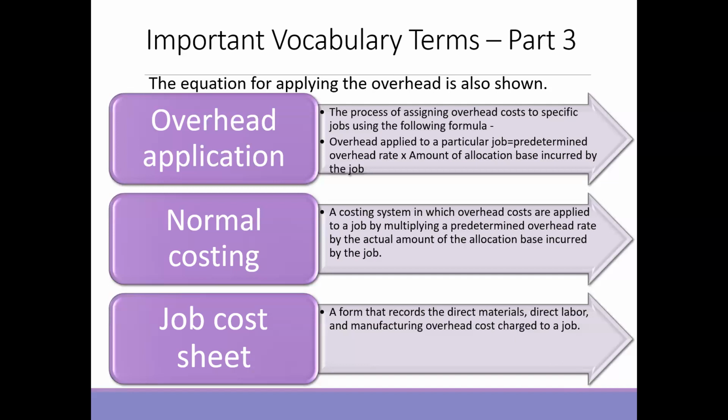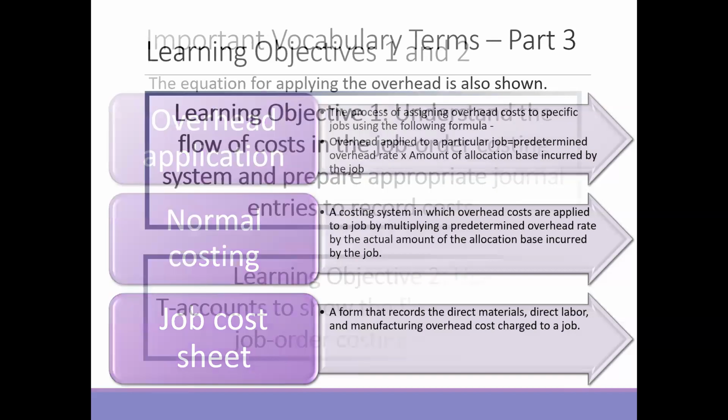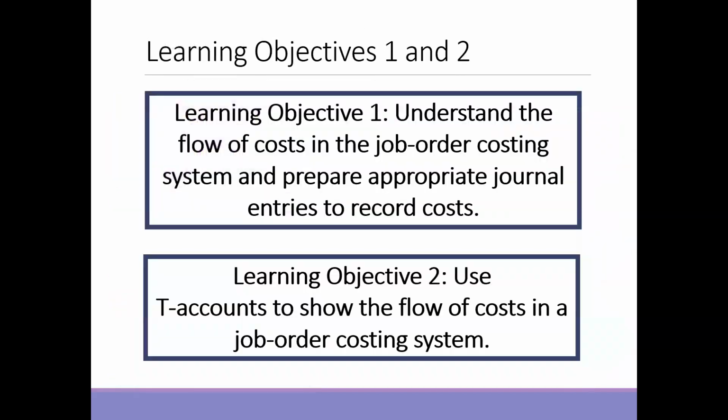We saw last week a job cost sheet. It's just the form that allocates all the costs specifically to that job. We need to know those costs in order to price it because we want to make sure we take care of those costs plus make a profit. So first of all, we are going to see how the flow of costs happens and the journal entries we're going to use for these flows of costs.